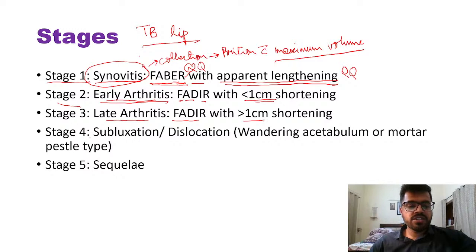Then there is stage 4, when there is subluxation or dislocation. You just have to remember these terms, might be asked sometimes. Wandering acetabulum or mortar and pestle type. These are all kinds of presentations of TB hip, seen in different kinds of patients. And stage 5 is sequelae, or advanced arthritis.